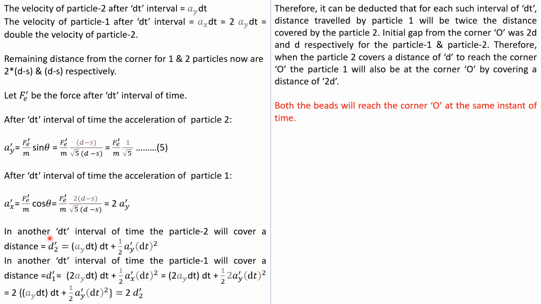And if we consider another dt interval of time, the particle 2 will cover a distance that we'll say as d2 prime. And that can be written as initial velocity into time, that is ay dt. After the first dt interval, the velocity has become ay dt. So ay dt into dt plus half into ay prime into dt square.